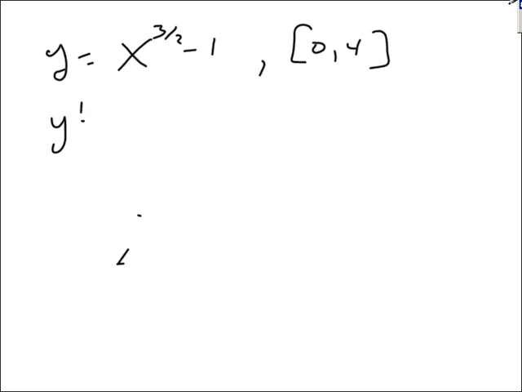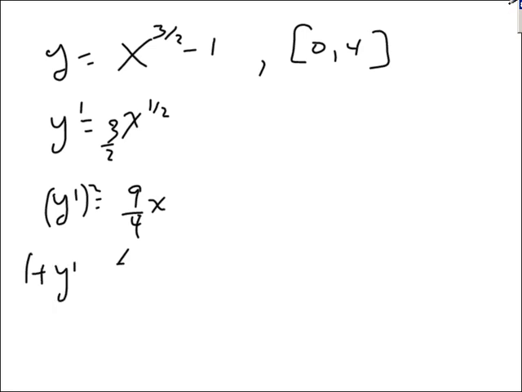Well, the derivative is 3 over 2 x to the half. Okay, and the derivative squared will be 9/4 x.